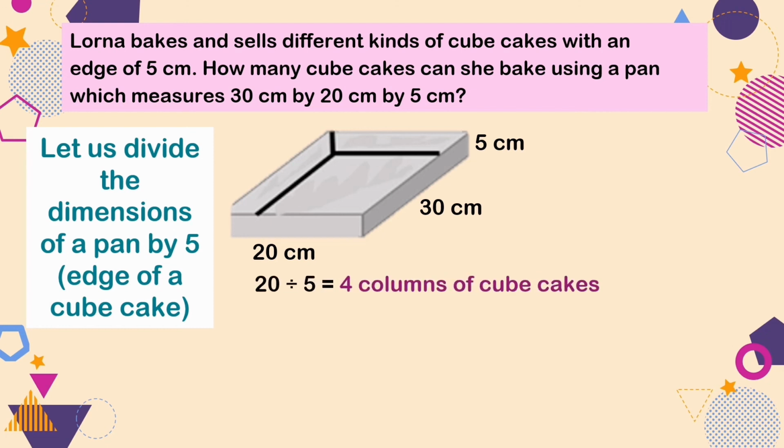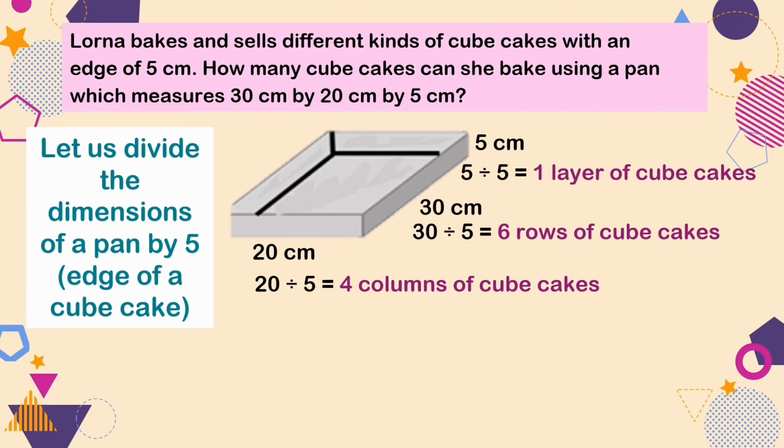So 20 divided by 5 equals 4. So we can put 4 columns of cube cakes on the pan. 30 divided by 5 equals 6. So we can put 6 rows of cube cakes on the pan. And 5 divided by 5 equals 1 layer. Only 1 layer of cube cakes we can put on the pan.